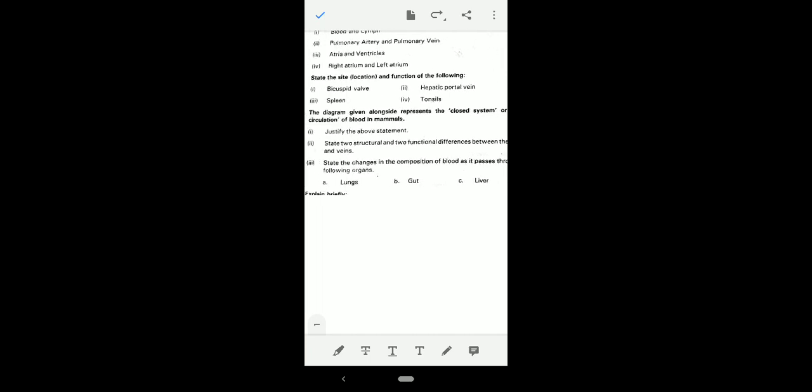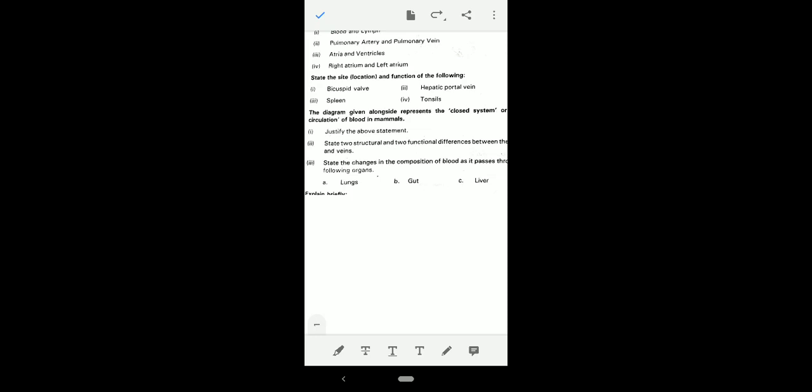Our next question is, state the changes in composition of blood as it passes through the following organs. When blood passes through the lungs, deoxygenated blood converts to oxygenated. When it passes through the gut, gut means intestine, more proteins are there, more glucose is there, more fat is there.